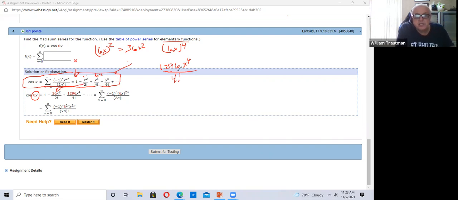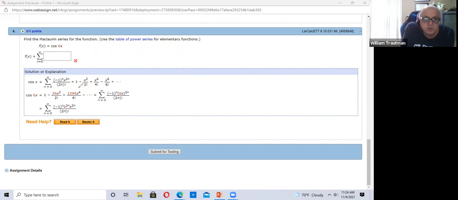Okay, so now that we have it started, we have to create that summation that we're looking for. And usually the first one doesn't help out much. But once again, if you notice, it has an alternating sign.